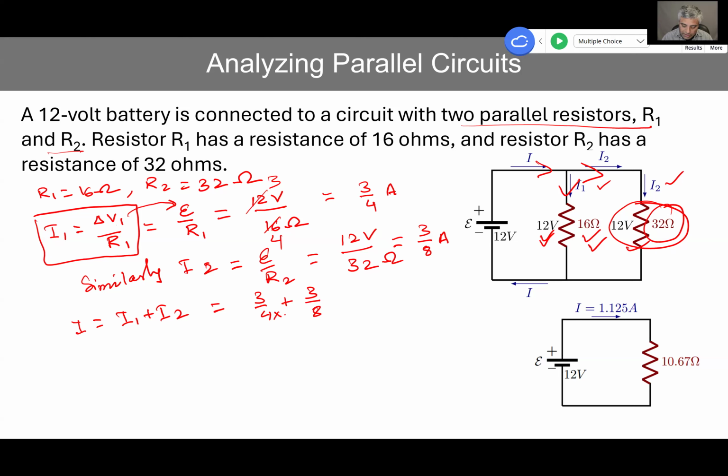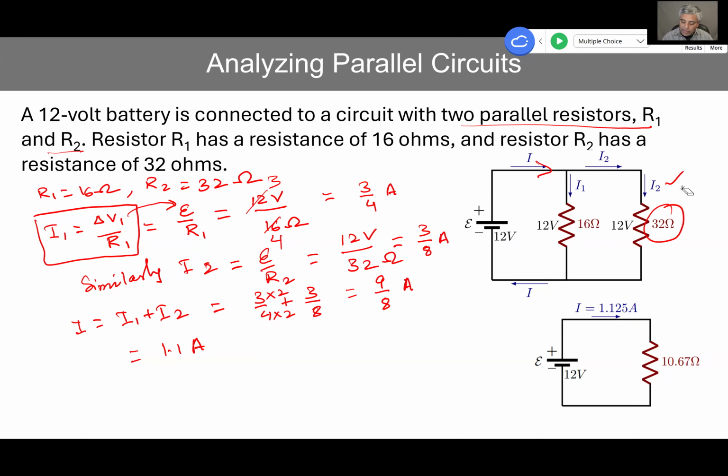To make this 8, we need to do that. So it looks like it's going to be 6 plus 3 is 9 divided by 8 ampere. When we do the math, it's going to be around 1.1 ampere, something like this. So this is what I did without finding the equivalent resistance.